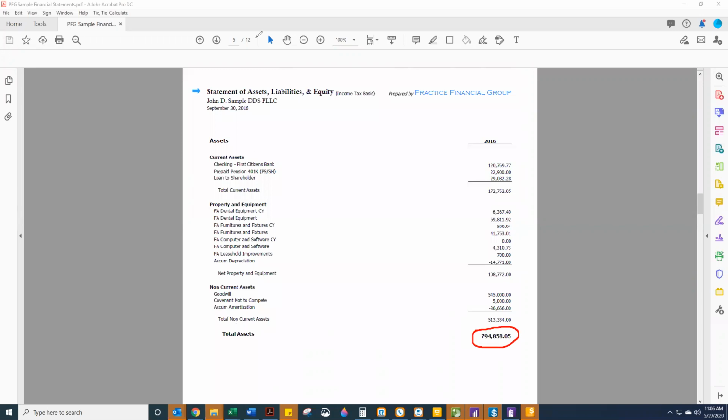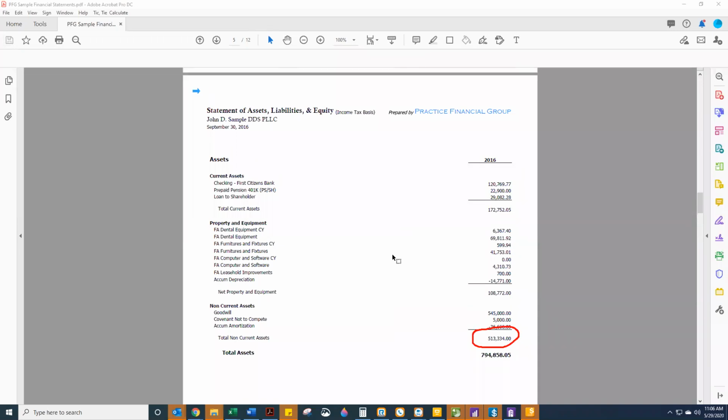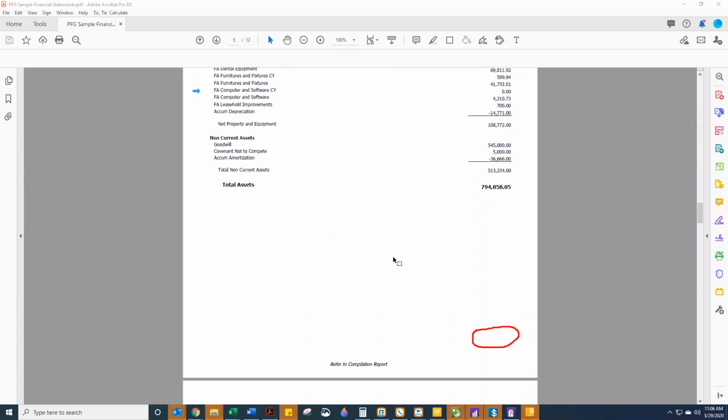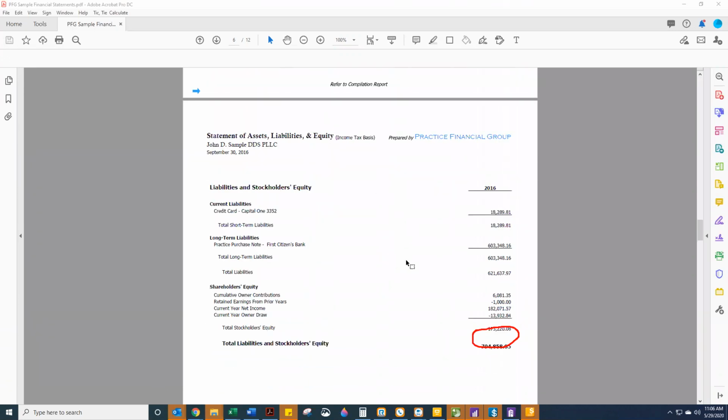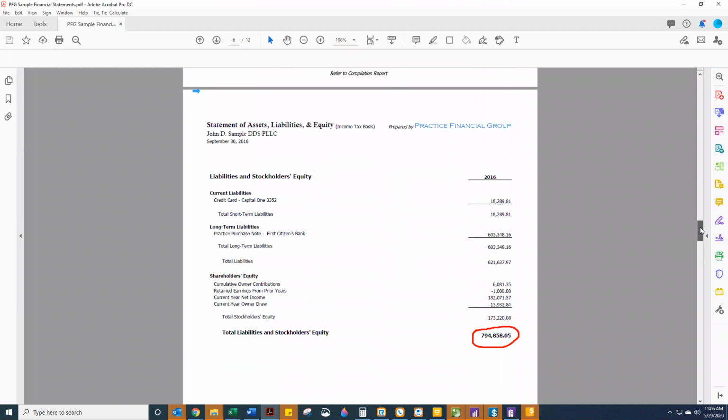On the balance sheet, think of it this way: all of the assets in your practice have to either be owed to someone else, which are liabilities, that's what you owe to other people, or owned by yourself.